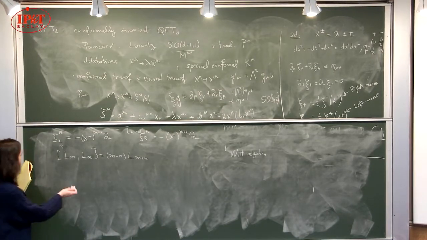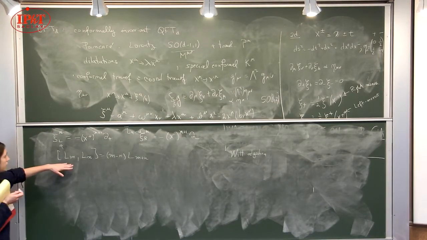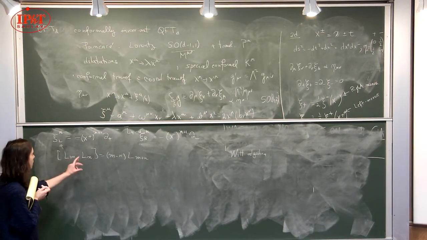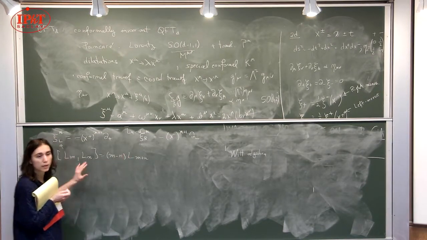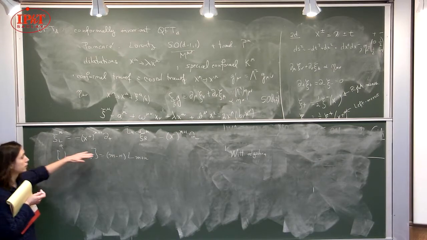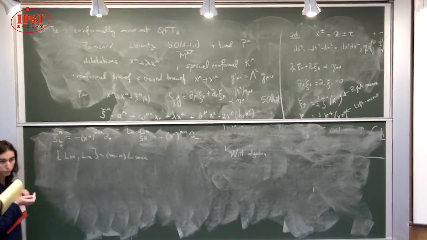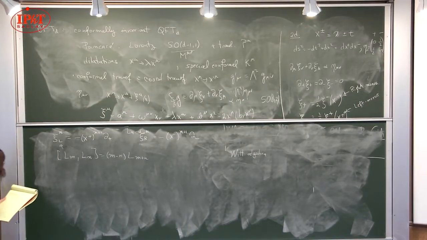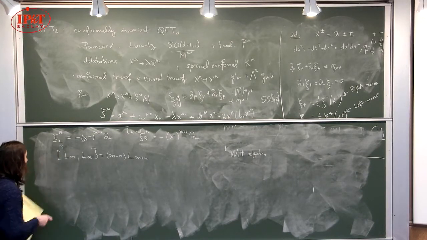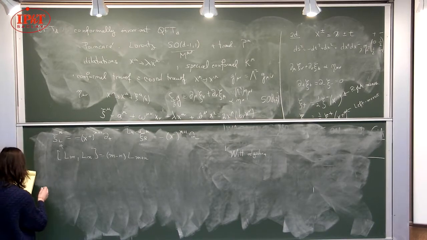So you have an infinite number of generators labeled by m and n, and this is how they commute. And you have an identical thing for the right movers. I won't write it down, but the L bar satisfy the same. Now there are some special transformations here.